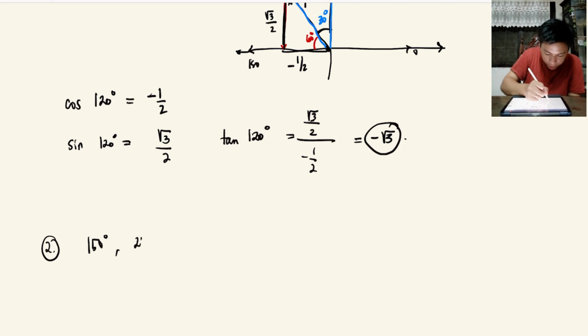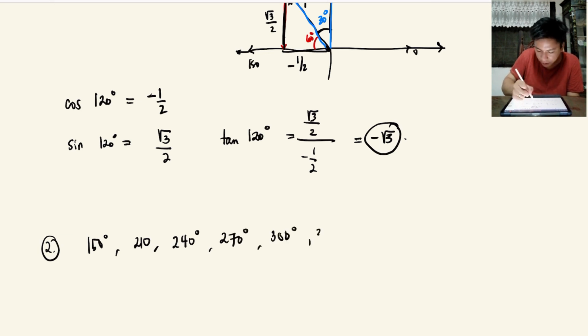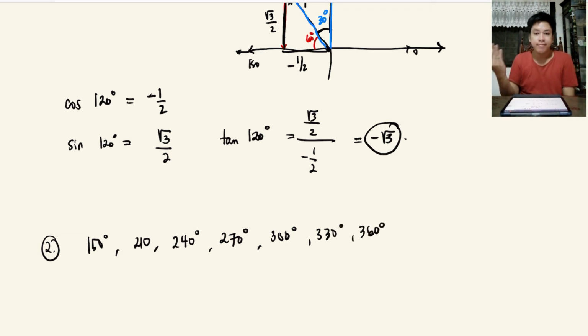And then 210 degrees, 240 degrees, 270 degrees, 300 degrees, 330 degrees, and 360 degrees. So I would love to hear any comments, questions, and your answers for this question. So write down below without using a calculator. I hope you'll be honest with that to solve, and then comment down your answer.